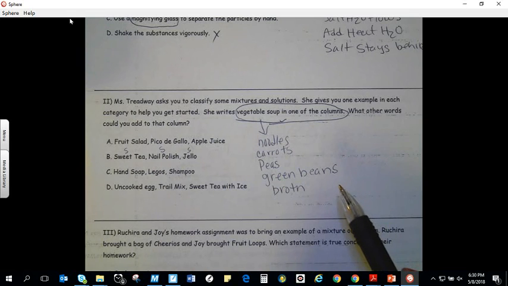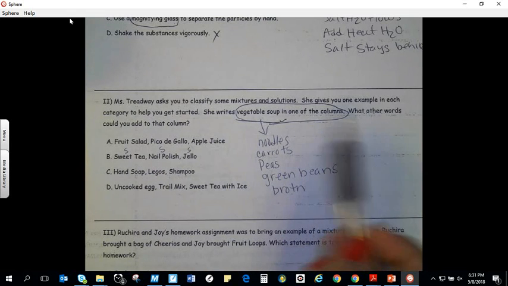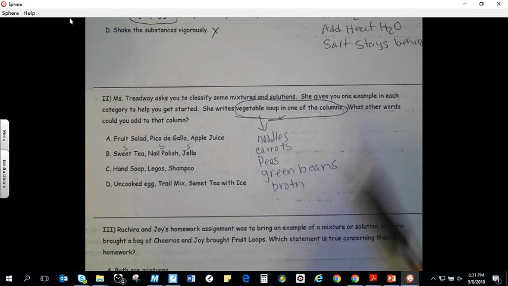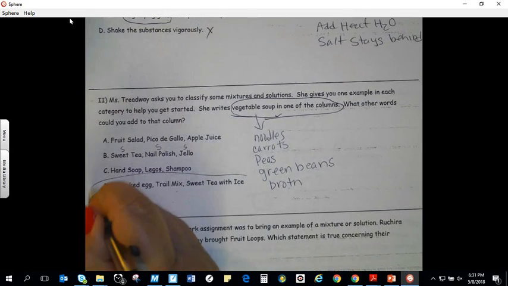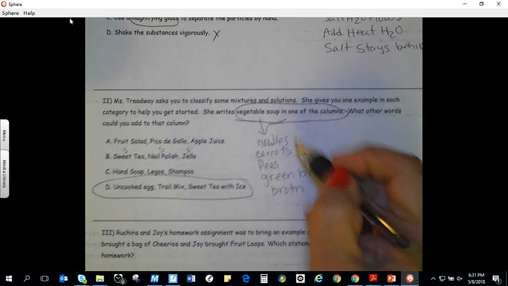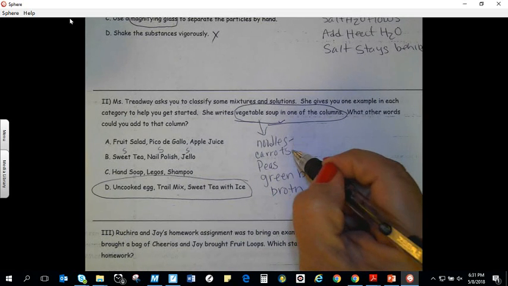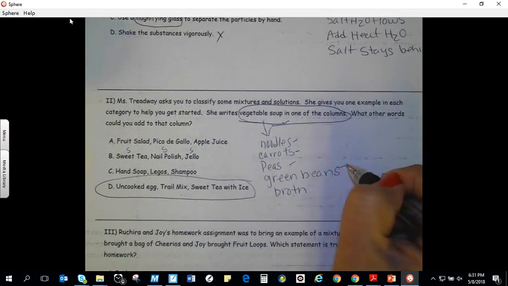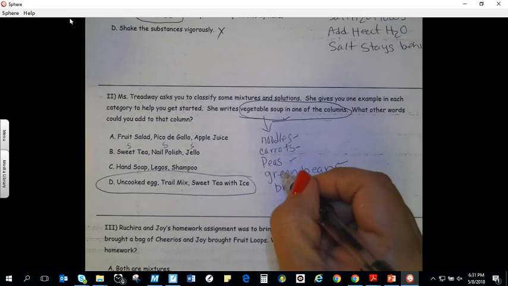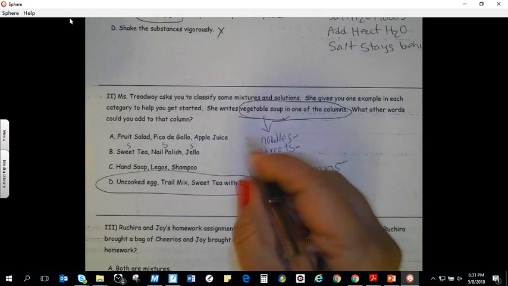Which one of these could fit into something like this? Yep, it's exactly right. It's going to be the uncooked egg, trail mix, sweet tea with ice. That matches because noodles, carrots, peas, green beans, and broth. So there's your liquid and a solid, so they can be easily separated, for your mixtures.